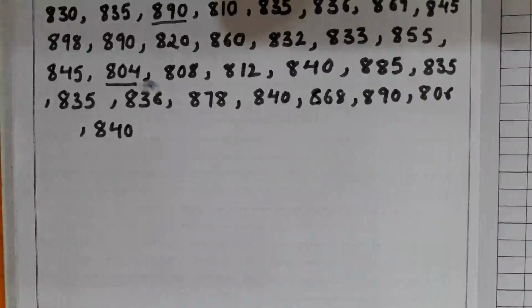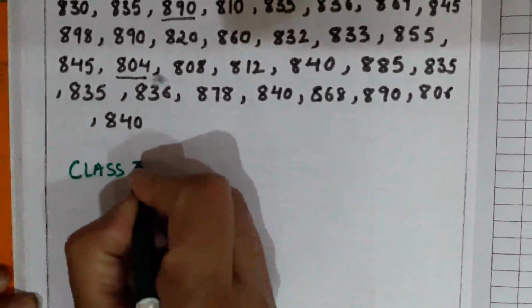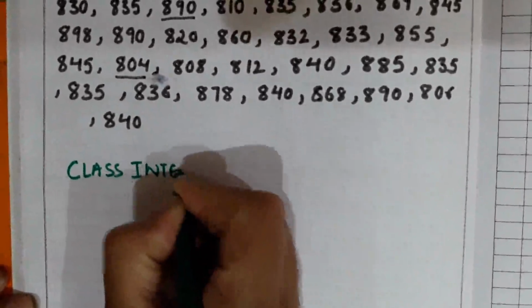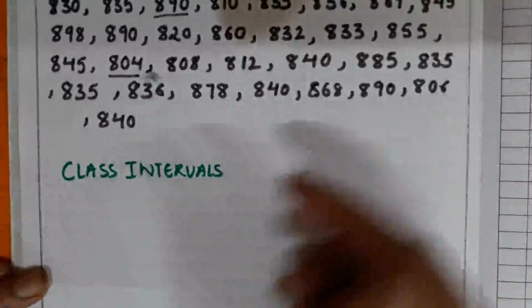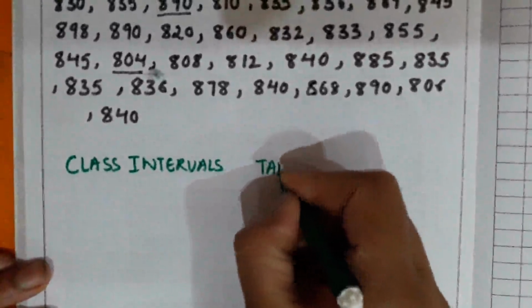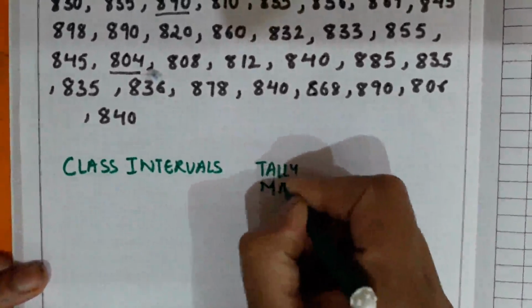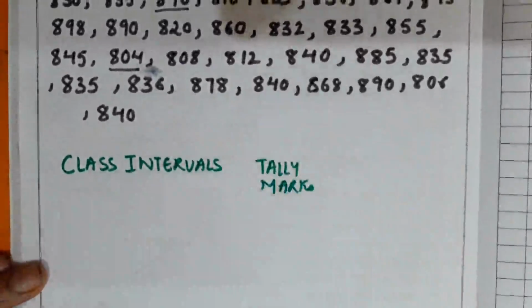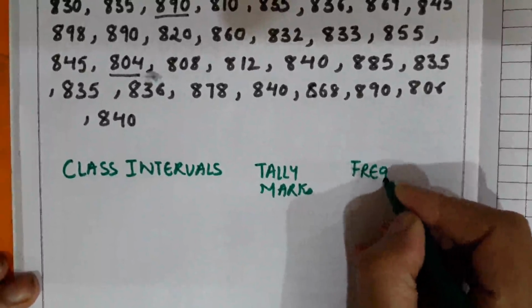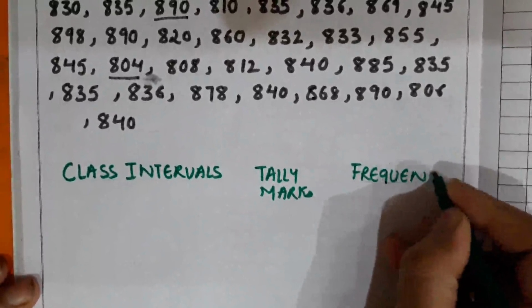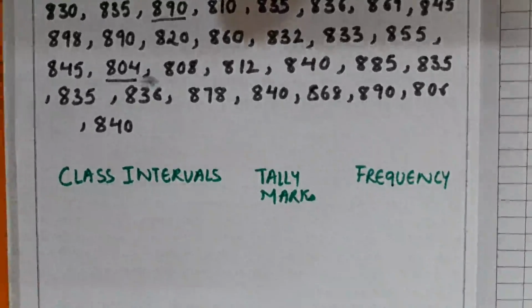How can we make the class intervals? Then you have to make the tally marks, and the last column is the frequency. In this way you can make the table.